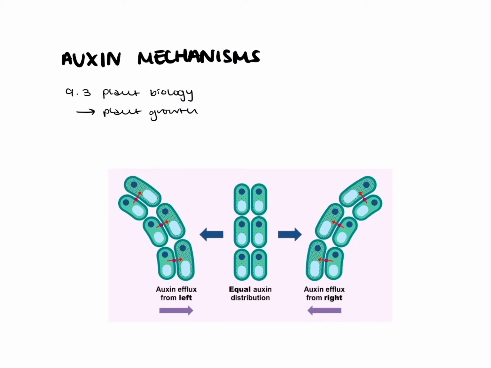It's also important to note that auxin will have a different mechanism in the roots compared to the shoots of plants. So in the shoots, auxin will stimulate cell elongation, and therefore higher concentrations of auxin will promote growth.